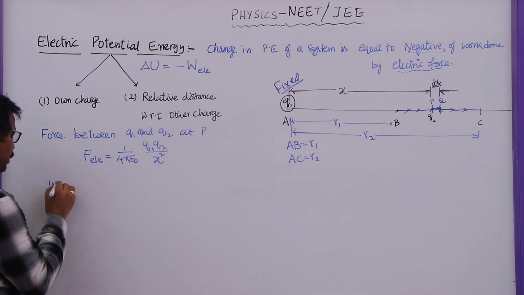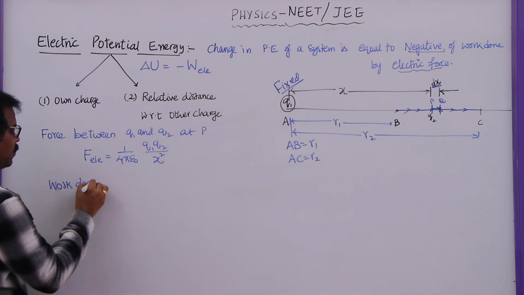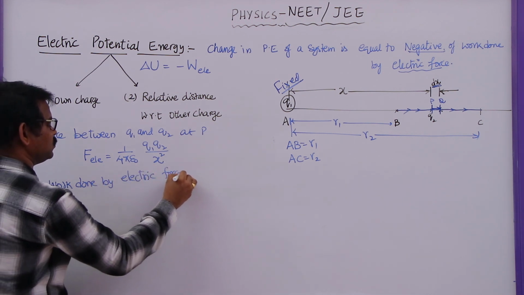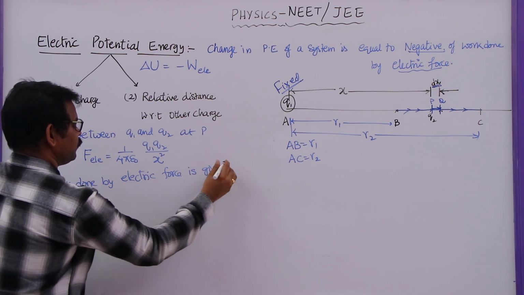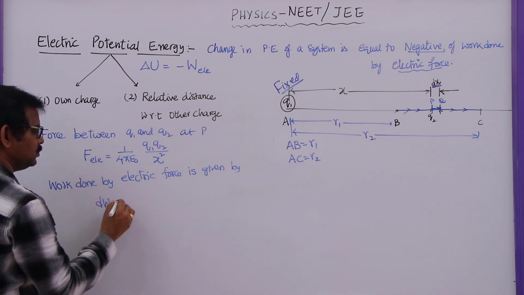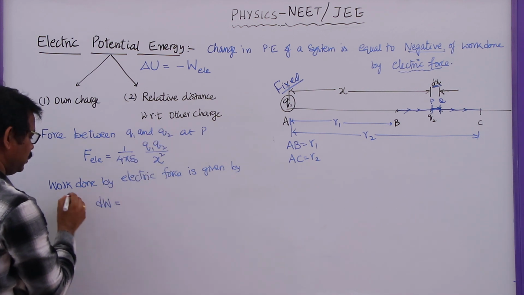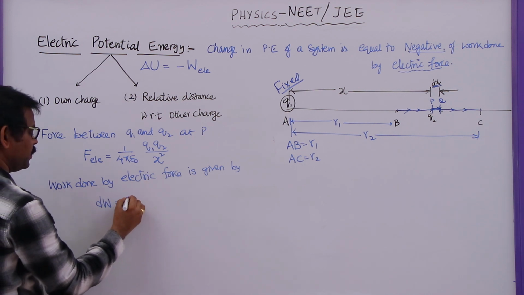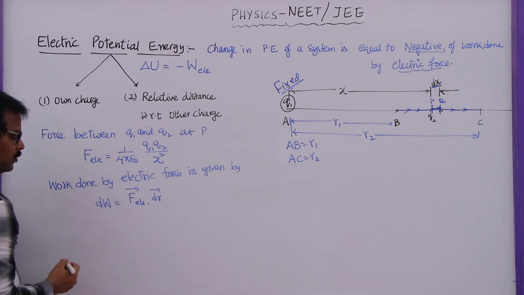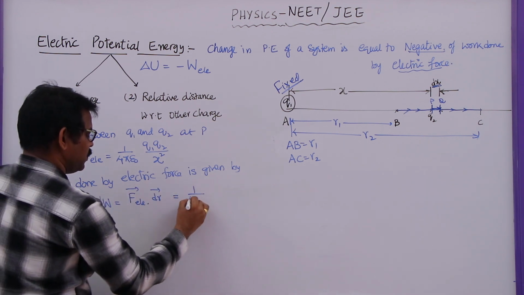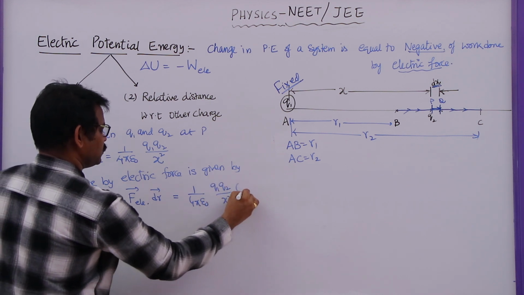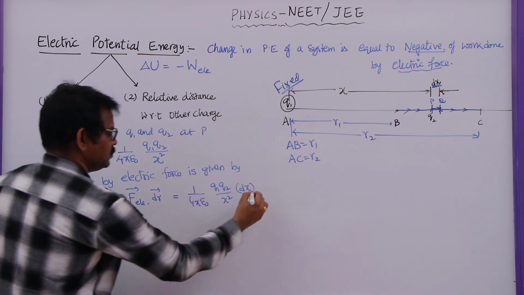So the work done by electric force is given by dW, because this displacement is very small. So it is given by F electric into dx. Now if you substitute this one, 1 by 4 pi epsilon naught Q1 Q2 by x square into dx. This is equation 1.